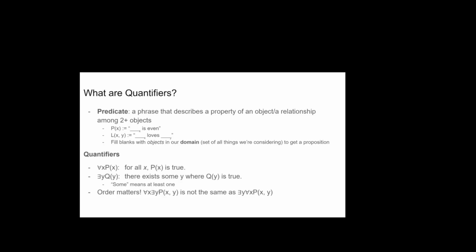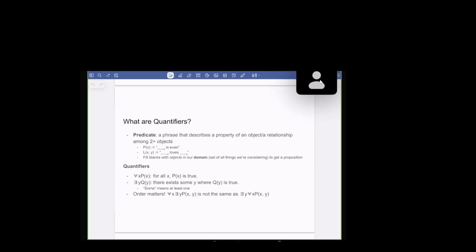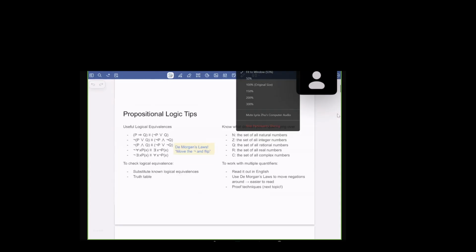So order definitely matters. For all X, there exists a Y such that P of X and Y is not the same as there exists a Y for all X such that P of X and Y. For example, if we use our previous L, and let's say our domain is all people in this room, this first proposition, for all X there exists a Y, means that for everyone in this room, we all love someone, right?